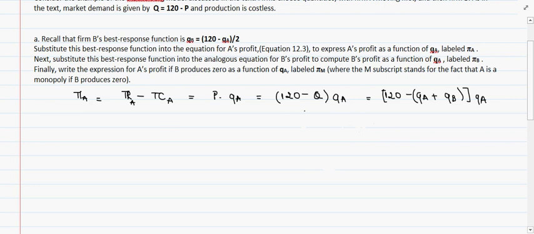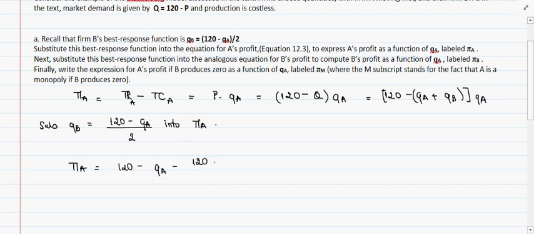This is the profit function for firm A, and now I substitute QB equal to (120 minus QA) divided by 2 into it. So the profit function is going to be (120 minus QA minus QB) multiplied by QA, and I know that QB is just equal to (120 minus QA) divided by 2.